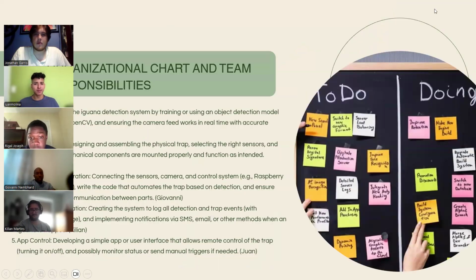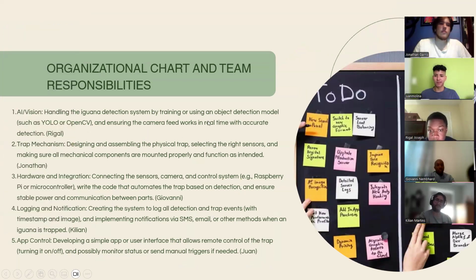So for our team responsibilities, Regal deals with the AI and vision detection, which is going to be for detecting iguanas, as well as training or using object detection models such as YOLO or OpenCV to ensure that the camera feeds work in real time.